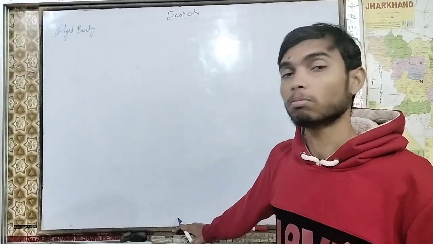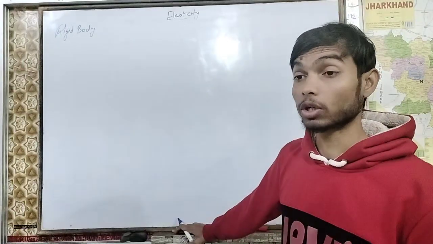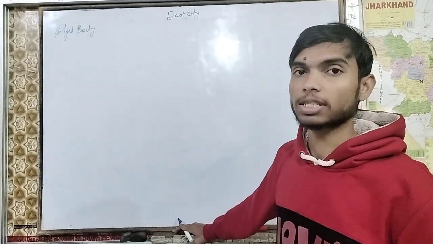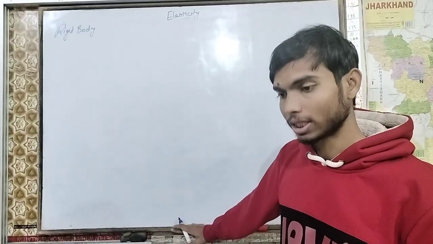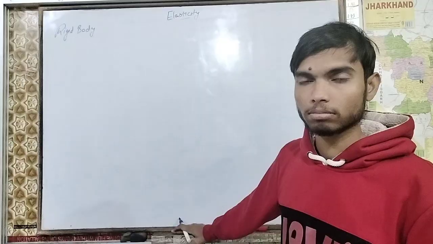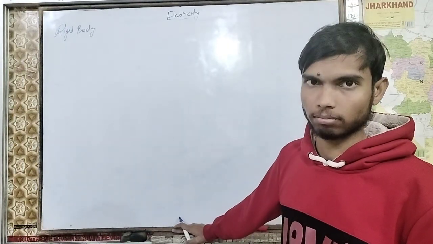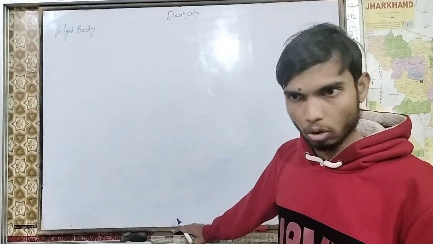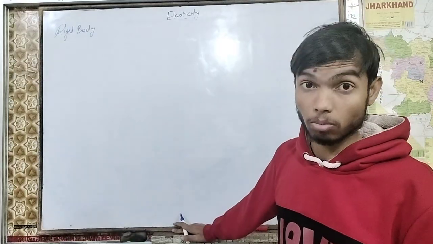First was Young's modulus of elasticity, which is denoted by Y, and Y is equal to stress upon strain. It is the ratio of stress upon strain. Then we saw bulk modulus.